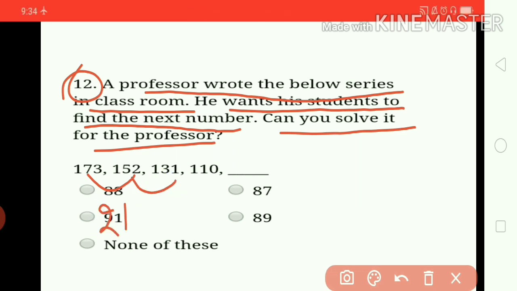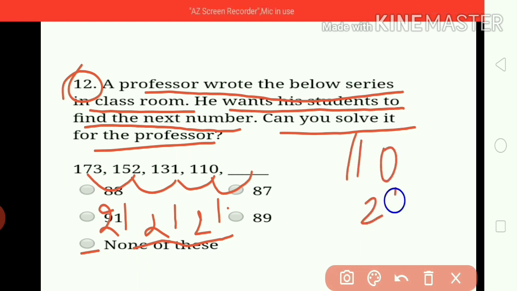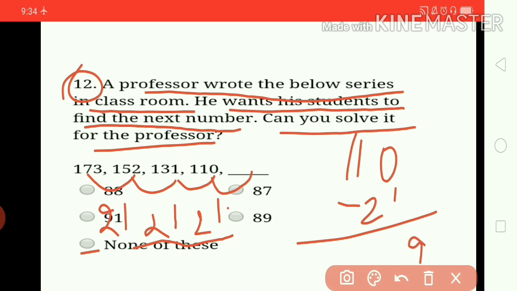Find the difference of these two. 2 minus 1 is 1, 5 minus 3 is 2. Find the difference of these two, you will get 1 and 2, 21. So each step we have the difference of decrease of 21. So the next term will also decrease by 21. So 110 minus 21, you will get 10 minus 1 is 9, 10 minus 2 is 8. So the solution is 89, right?